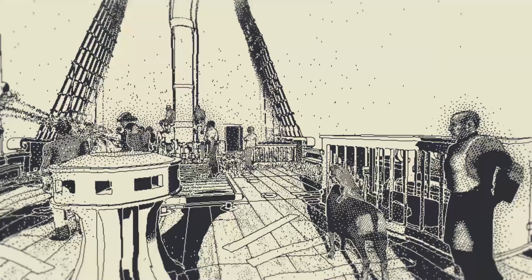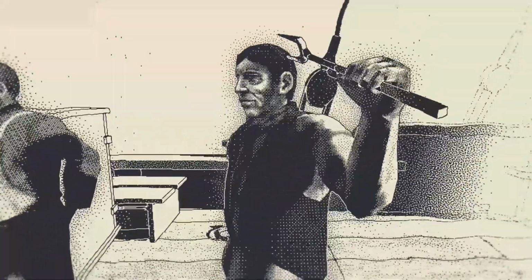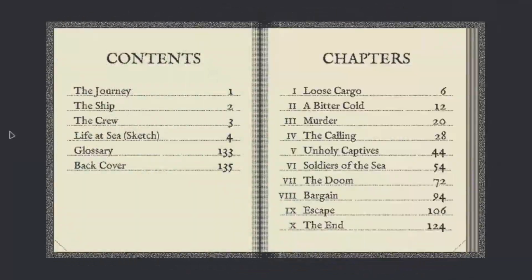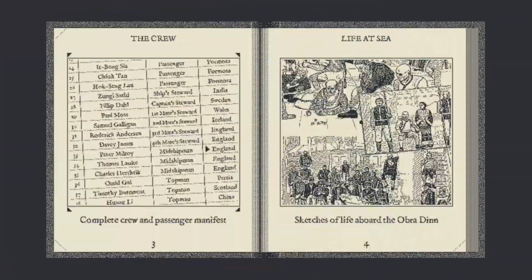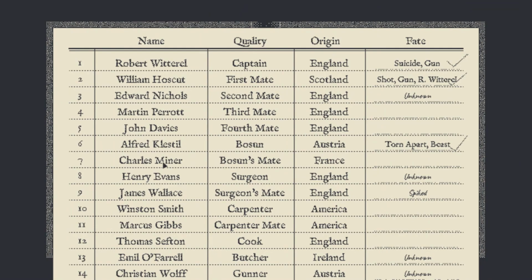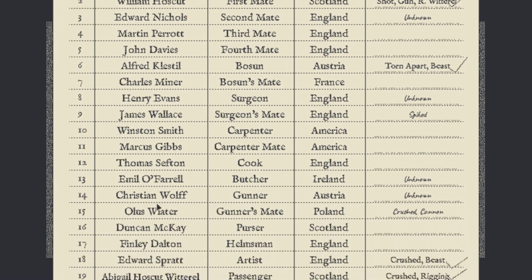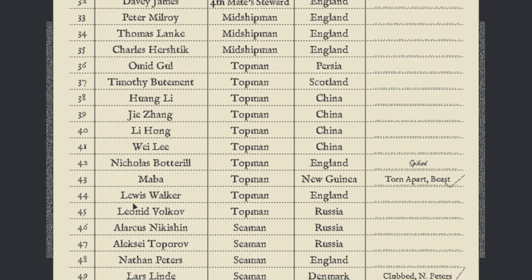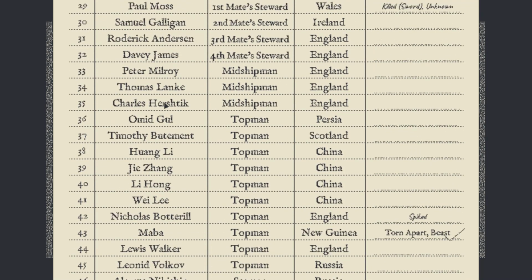So I assume the person who killed the cow is probably Charlie. So, let's just look at the manifest. Who's Charlie? We have the bosun's mate, Charles Minor. Oh, Charles. And Charles Herstick.